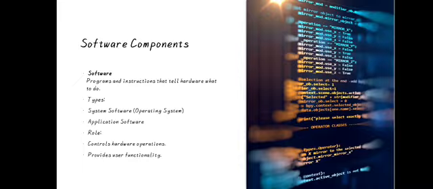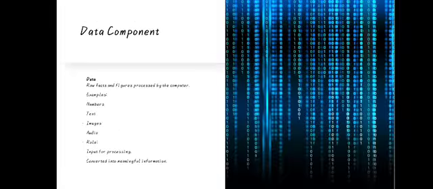Second is software components: programs and instructions that tell hardware what to do. Types are system software, such as the operating system, and application software. Their role is to handle and operate the hardware and provide user functionality.